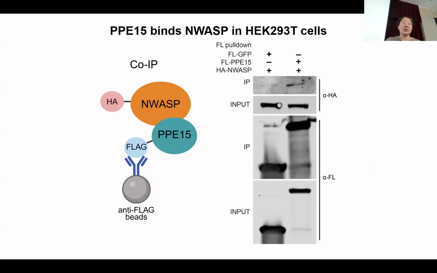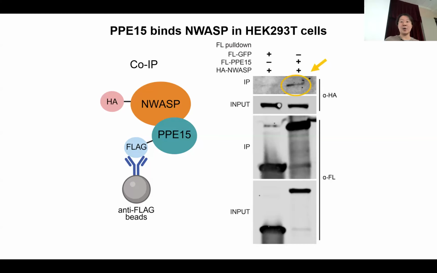So having used AlphaFold as a predictive tool, I performed a preliminary co-immunoprecipitation assay of FLAG-tagged PPE15 and HA-tagged NWASP using a FLAG pull-down in HEK293T cells. I used anti-FLAG beads to pull down my FLAG-PPE15, and I used FLAG-GFP as my negative control. As expected, GFP did not interact with NWASP.